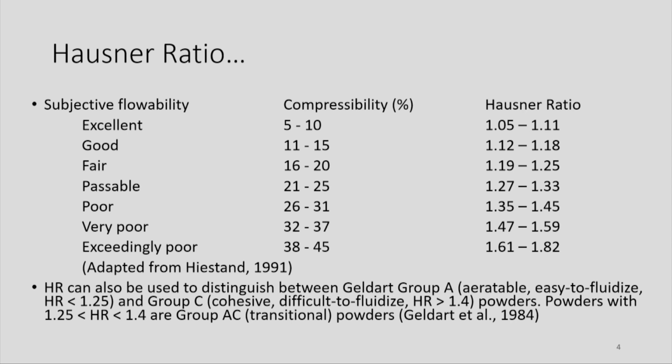That indicates the powders will have better flow behavior. If it's not compressible, then it might flow very well when you are transporting and handling. But if the tap density is high, if it's changing a lot, then the Hausner ratio value goes up, and that will indicate poor flowability of materials.